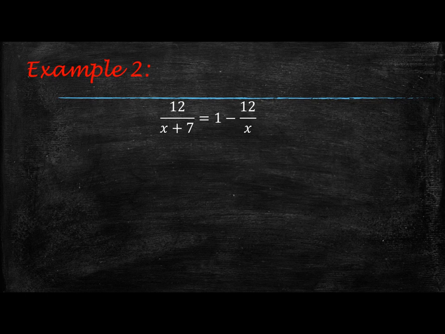Alright, let's look at example 2. We have 12 over x plus 7 equals 1 minus 12 over x. So again, we're looking at our denominators, and we're taking one factor of every denominator. So we've got the x plus 7 that we're going to take for our LCM.